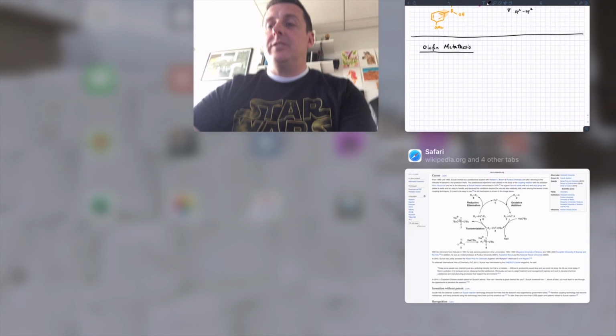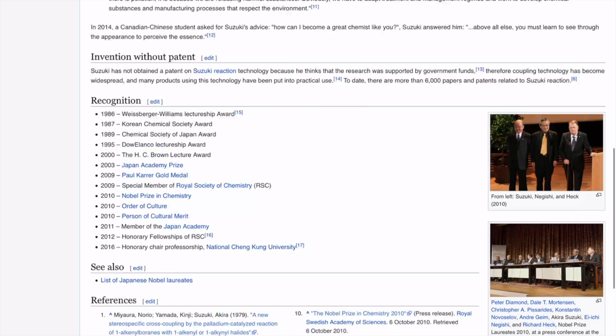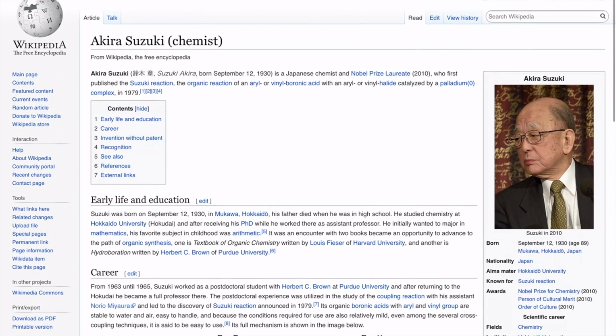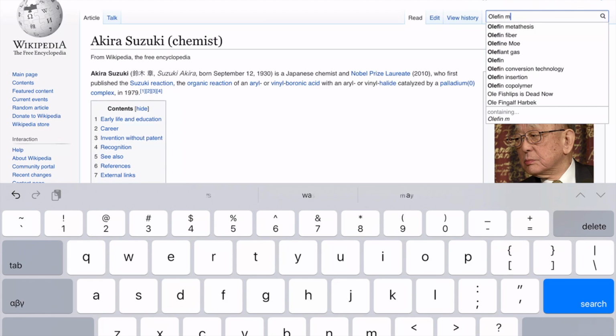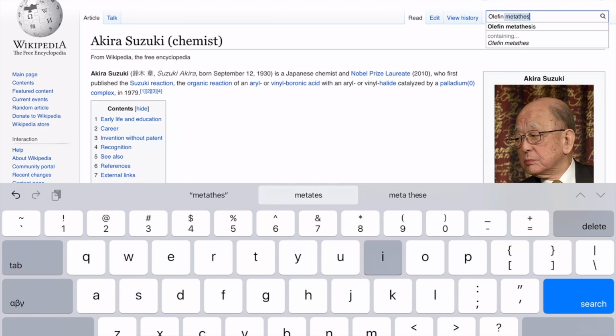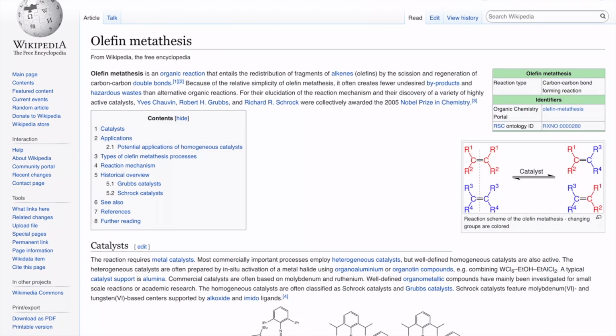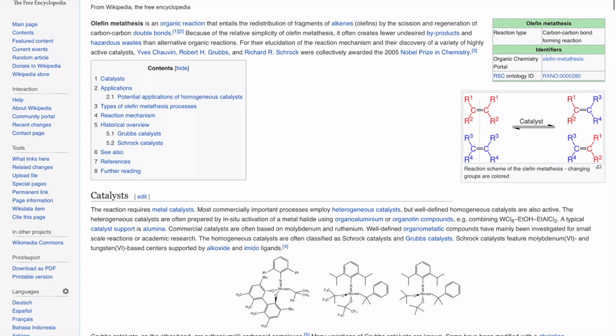And Olefin Metathesis won the Nobel Prize. Let's just look it up here. In 2005, Professors Chauvin, Grubbs, and Schrock each were awarded the Nobel Prize for their work on this reaction.